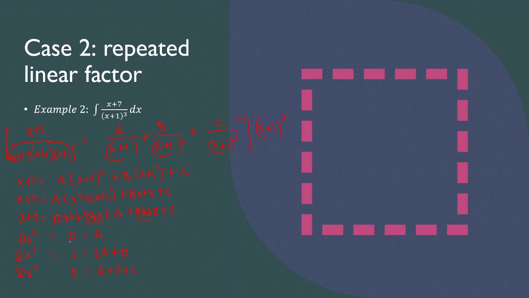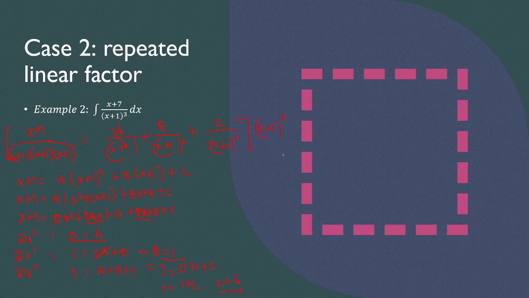Our a is 0, therefore this one will be eliminated. So b is equal to 1. So 7 is equal to 0 plus 1 plus c. Therefore 7 is equal to 1 plus c. So c is equal to 6.